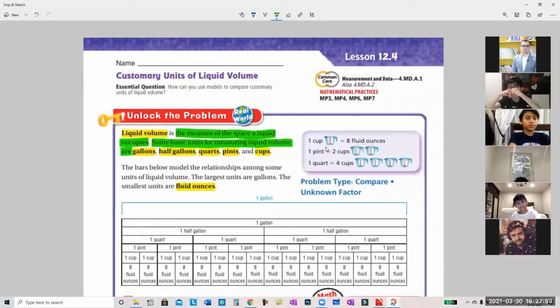We have another small unit, the smallest unit of measuring liquid volume, which is the fluid ounce.